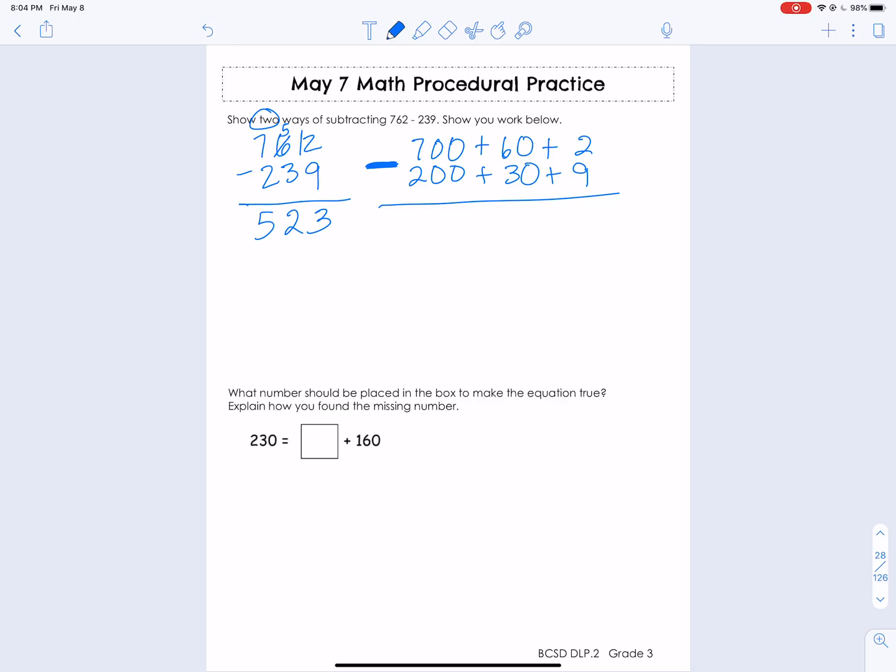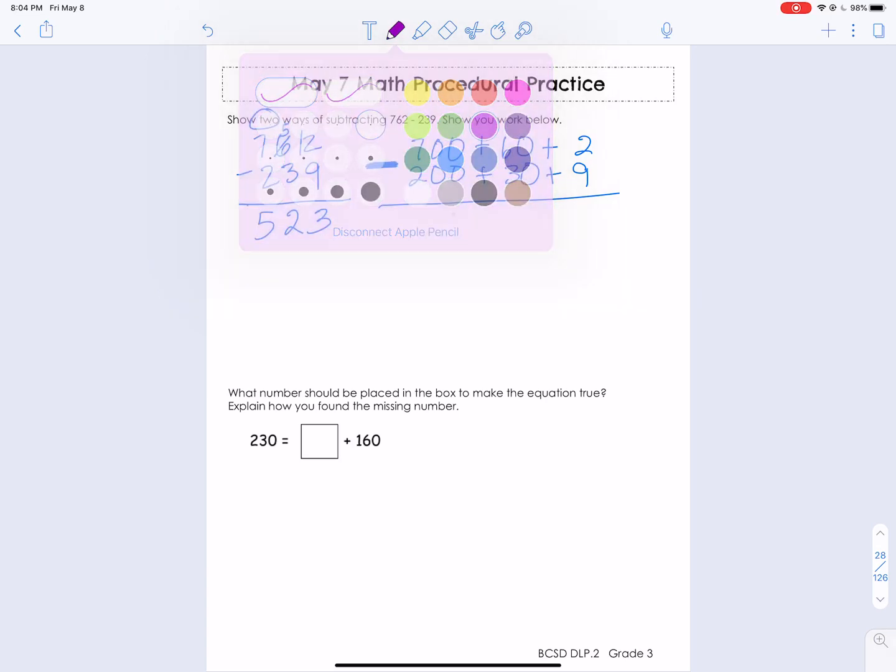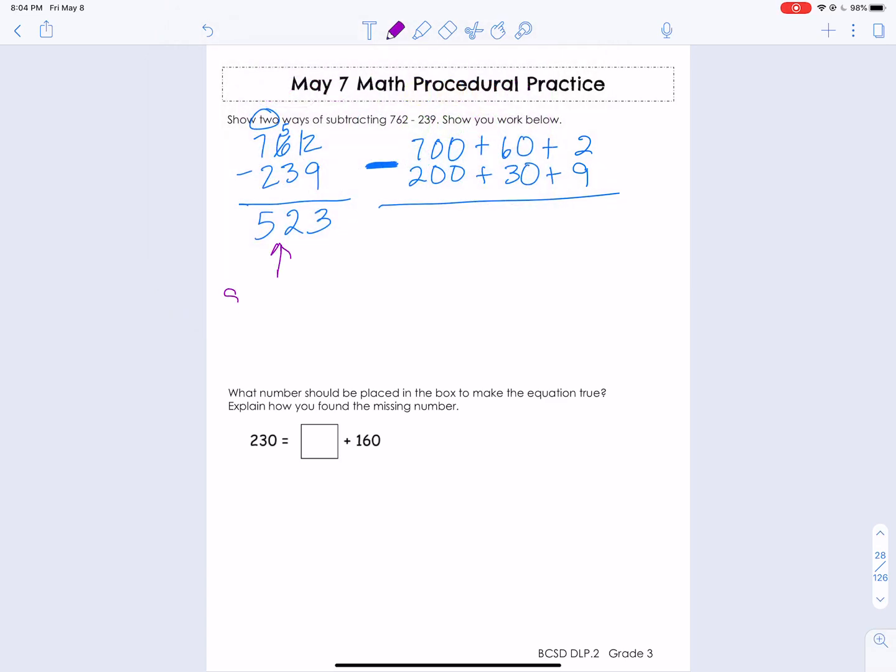Just like before in the standard algorithm, let me write that so you can see what I'm talking about. This strategy is the standard algorithm, or the old school way, as I like to call it.